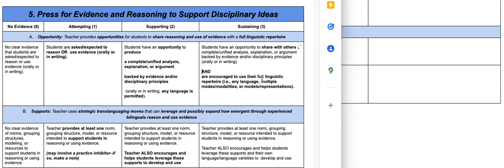And students are encouraged to use their full linguistic repertoire, for example, any language, multiple modes or modalities, or models and representations. So not only allowed to use multiple sets of language skills, pieces of their language repertoire, but really being encouraged by the teacher.